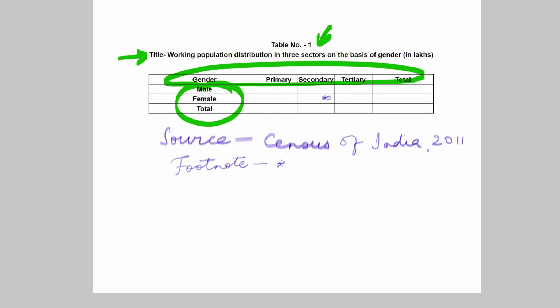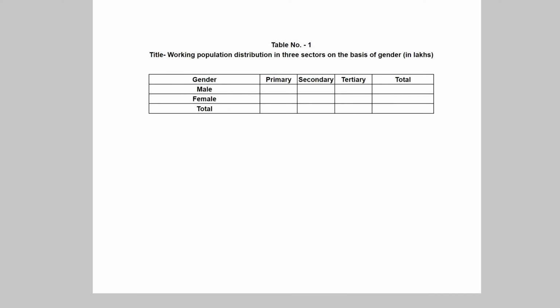So these are all the components, and let's put some numbers here and try to make this table complete. Let's say there are 4 lakh males working in the primary sector and 2 lakh females working in the primary sector.